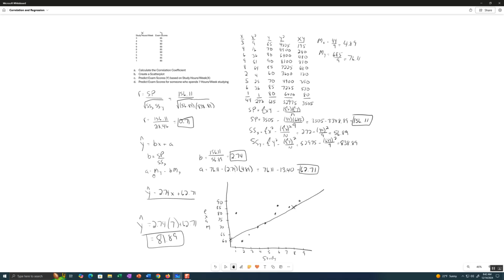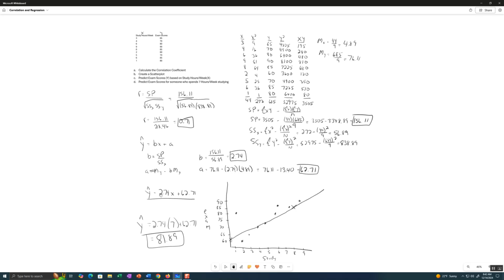Then to find the y-intercept, a equals the mean of y, which is 76.11, minus b, which is 2.74, times the mean of x, which is 4.89 right here. Solving that gives you 76.11 minus 13.40, and you get 62.71 as the y-intercept, which is a.